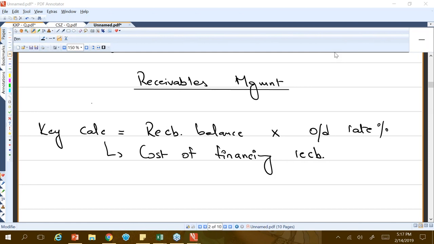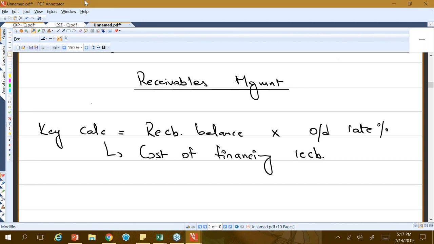So basically, there's a concept which we need to understand. Can I have your maximum attention here? When we have receivables on our balance sheet under current assets, that means this money is not with us. This money is with the customers. So how would we use the funds in our operational needs?